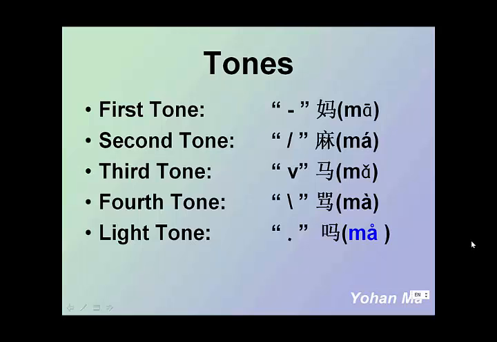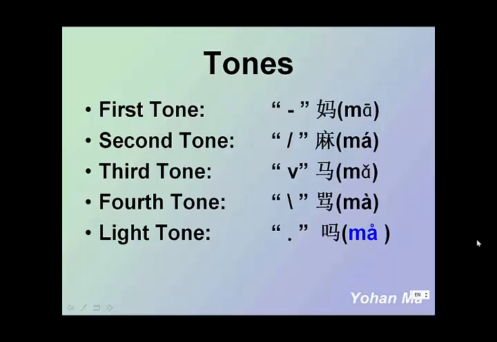Okay. On top of those pronunciations, each pronunciation of a word also comes with 4 different tones. We call them first tone, second, third, and fourth tone. The light tone I'll keep for last. Let's talk about the first 4 tones.